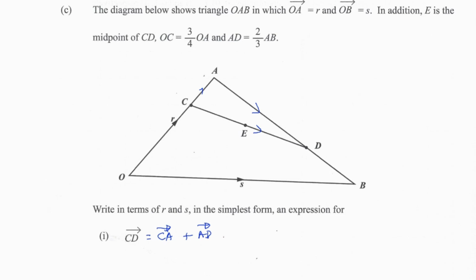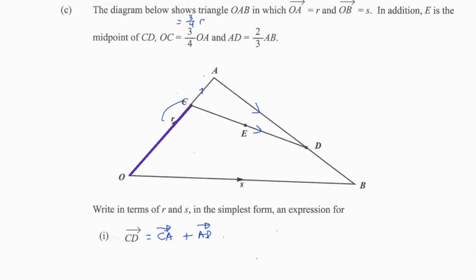So how do we do that? Okay, well, let's look at the information that we are given. We are told that OA, which is this entire vector here, is equal to R. And we are also told that OC, which is just from here to here, is equal to 3/4 OA. So if OA is equal to R and OC is equal to 3/4 OA, then that means that OC is also equal to 3/4 R, right?